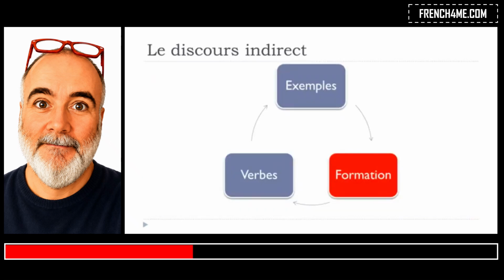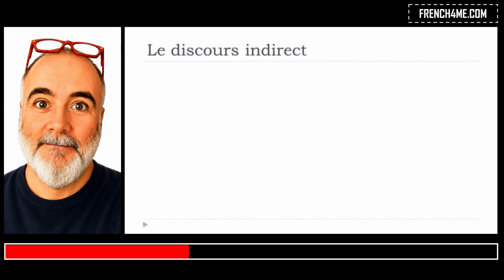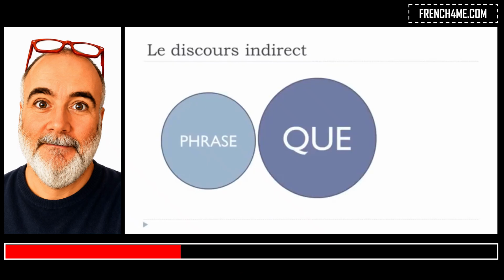So, if we want to discover, or not really discover because we saw that, la formation, so keep in mind that you will put first, well, the first sentence or the first part of the sentence, then que, okay, could be translated with that in English, and the rest of the sentence or the second sentence, okay, that you should, in some cases, modify. Okay, we're talking about the subject and the verb.